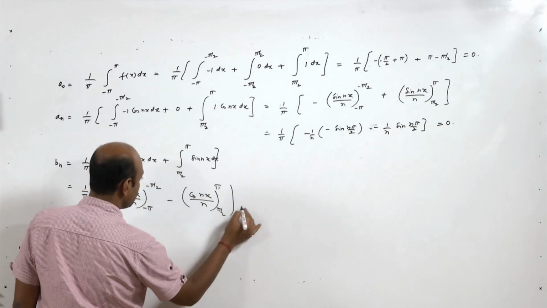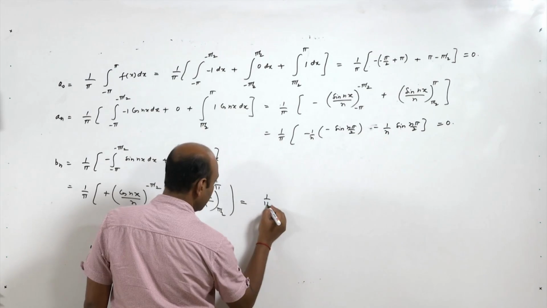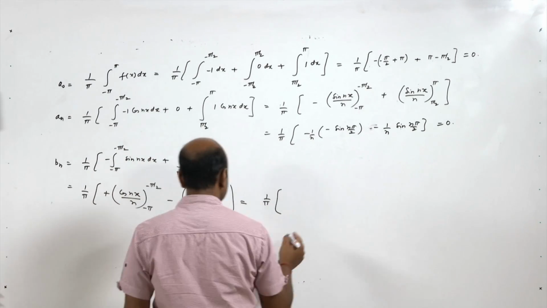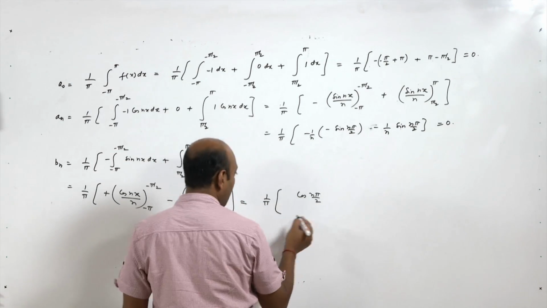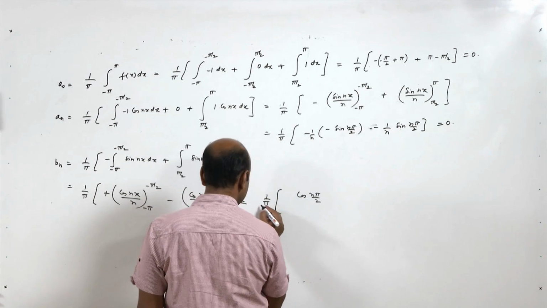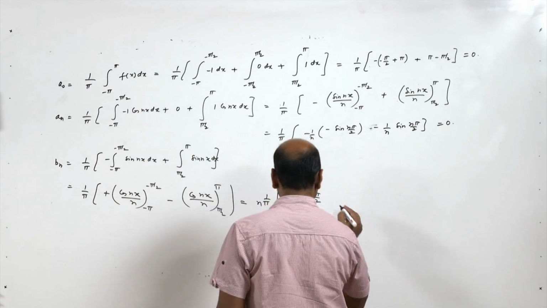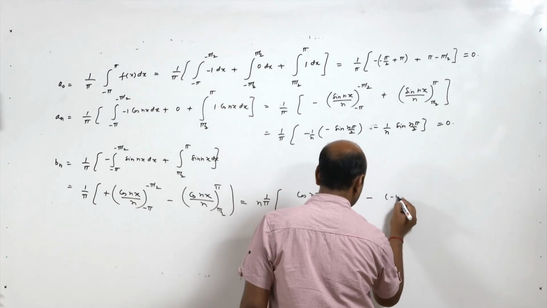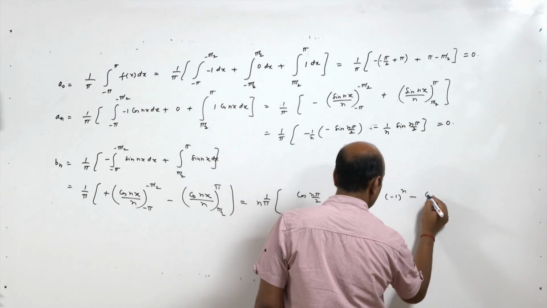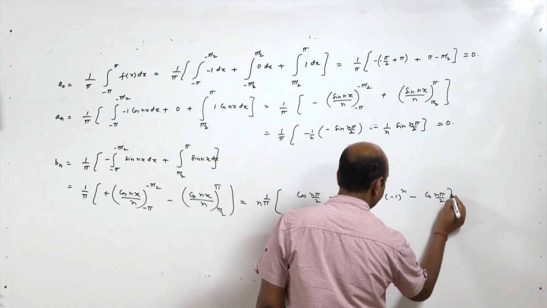So, this value is nothing but 1 upon pi, it is cos n pi by 2 upon n, 1 by n comes out, and minus minus 1 to the power n, and minus cos n pi by 2.